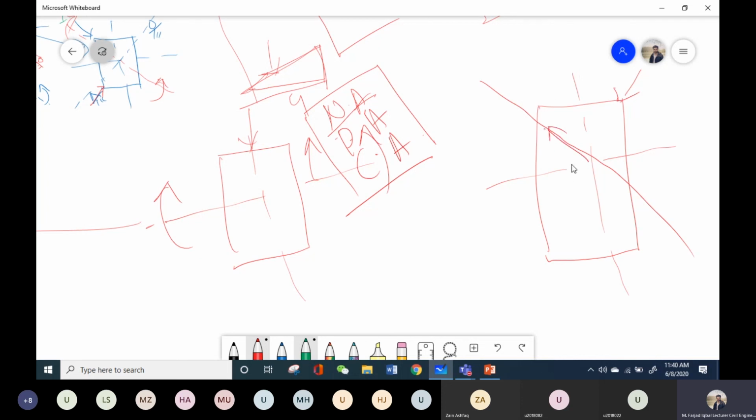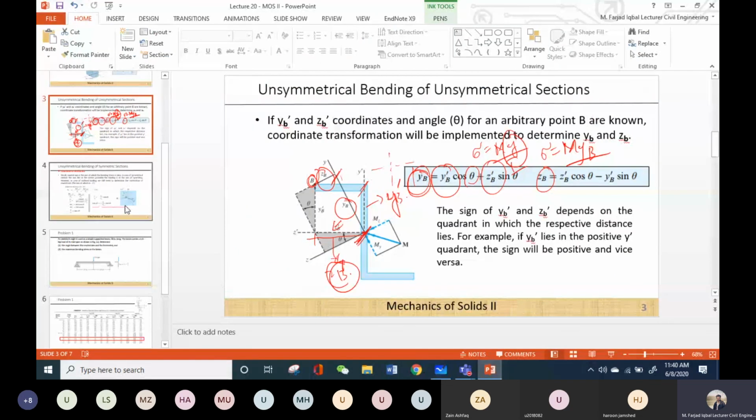So first we have to resolve this bending moment onto the principal axes, and then we have two principal axes, so obviously there can't be two neutral axes. That's why the definition of neutral axis is the one on which the stresses are zero. So we compute another axis which may be somewhere over here, and on this axis the stresses are zero, and that is how we derive this formulation.